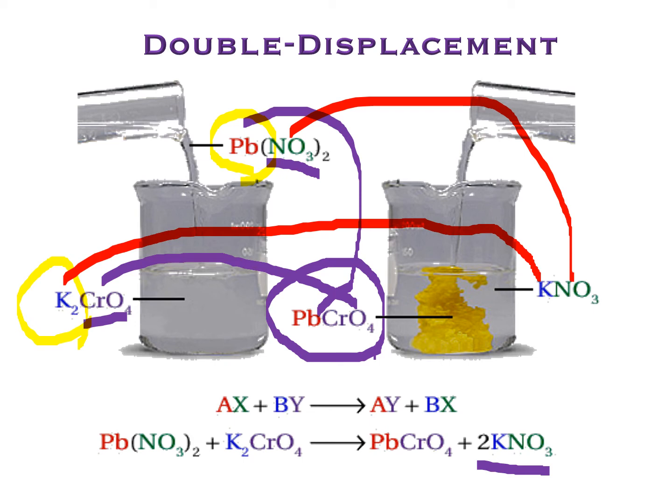So the potassium nitrate turns out to be a clear chemical in solution. But lead chromate, on the other hand, like a lot of chemicals containing chromium, is very colorful. That's what chromium means, colorful. So lead chromate is this yellow stuff you see in here. Now you might think that that's a liquid, but actually it's a solid.